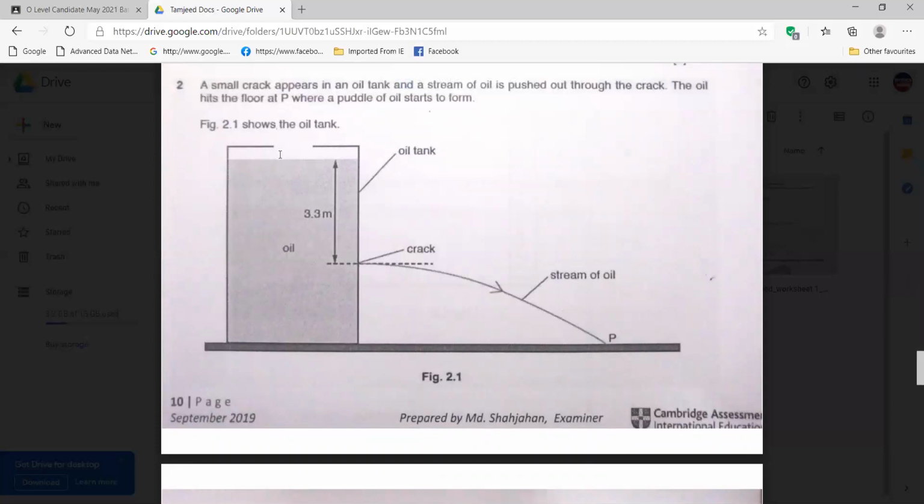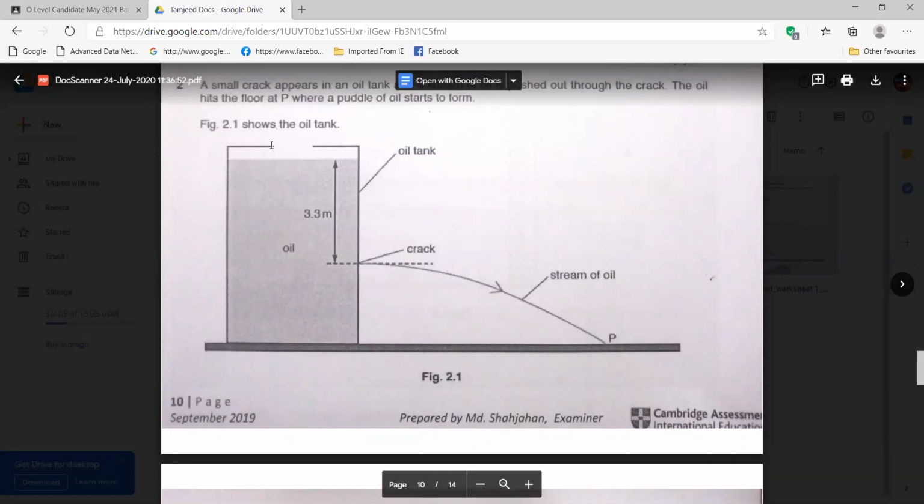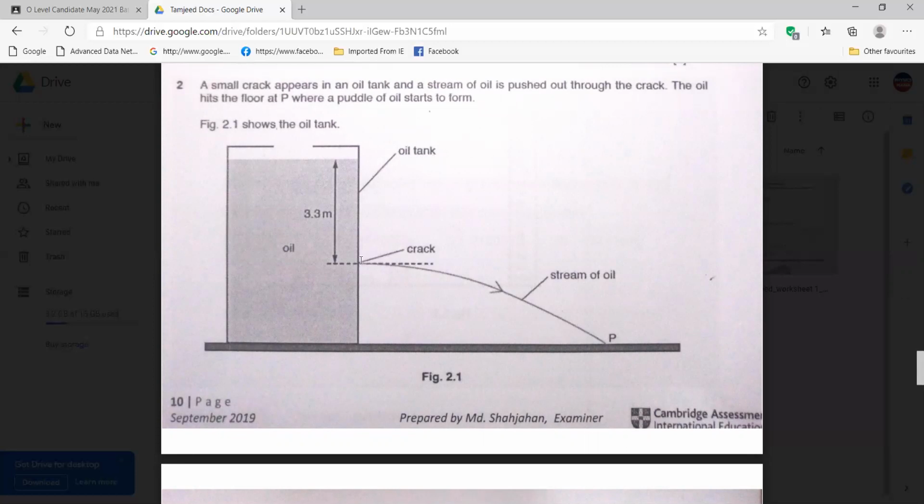So if we did not have this one open, then we would only have atmospheric pressure outside, not inside, and we would get only the liquid pressure. The flow of the oil could be affected by the atmospheric pressure.